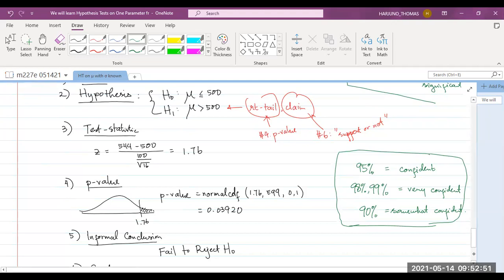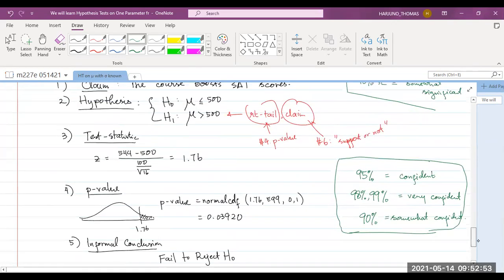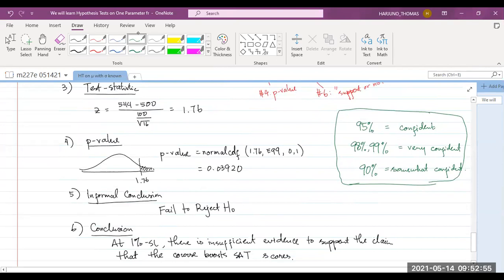Just for completeness, let me do 4B, the critical value. It's a right tail, 1%.